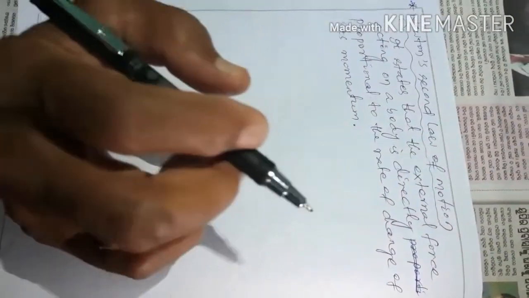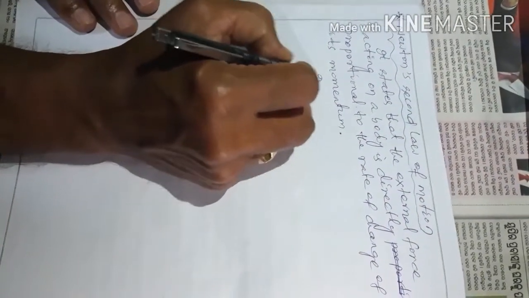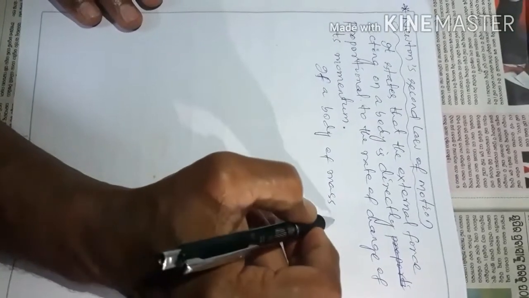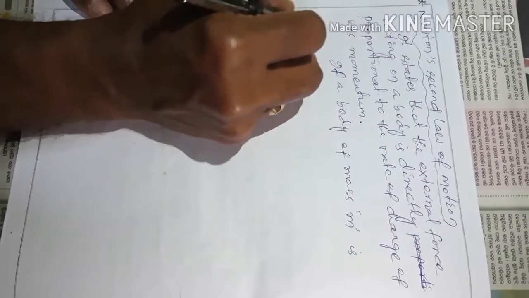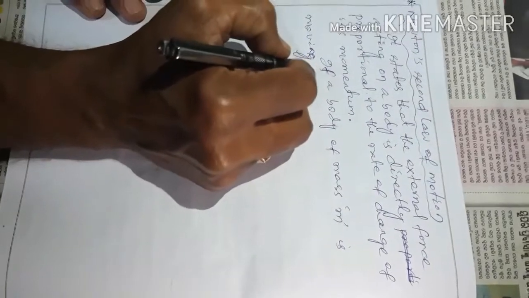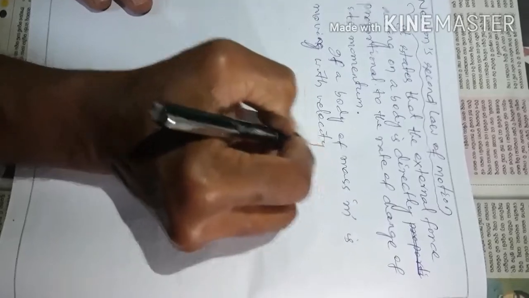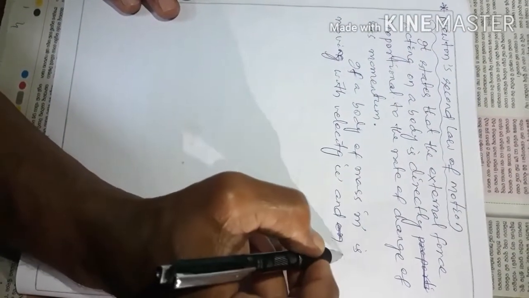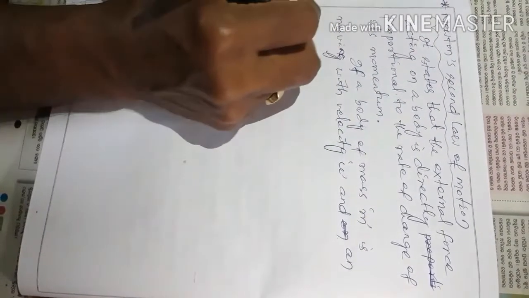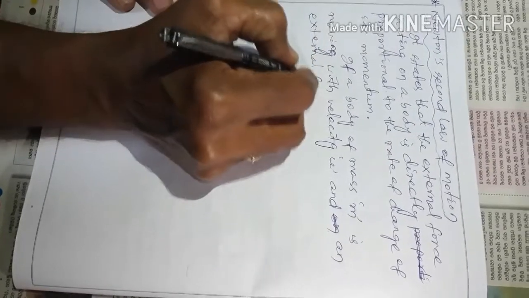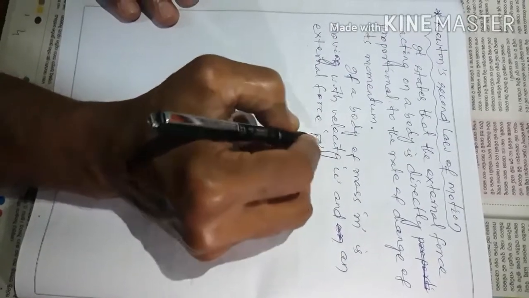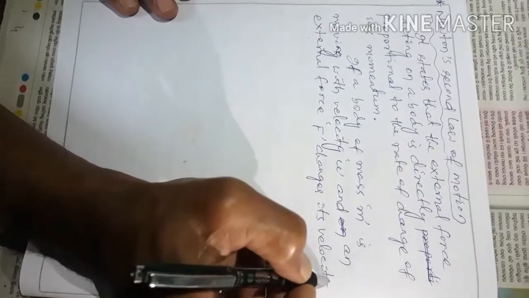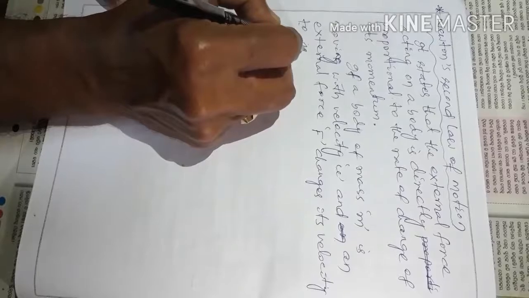So mathematically we can write: if a body of mass m is moving with velocity u and an external force F changes its velocity to V, that is the final velocity.